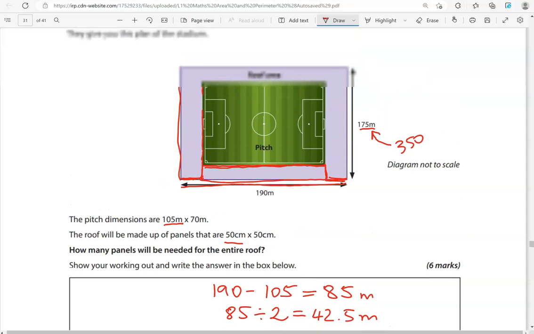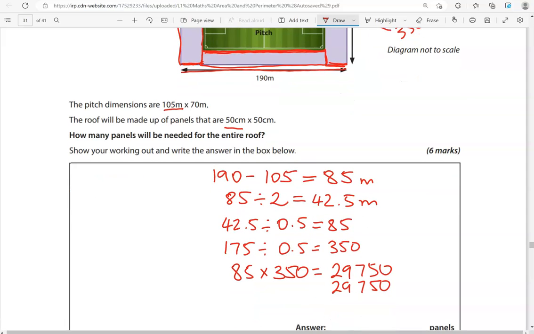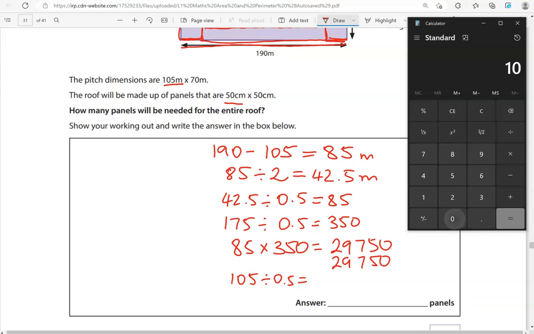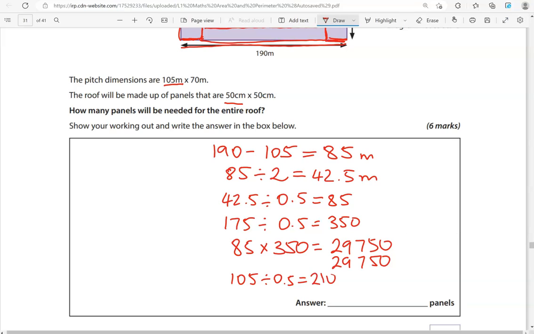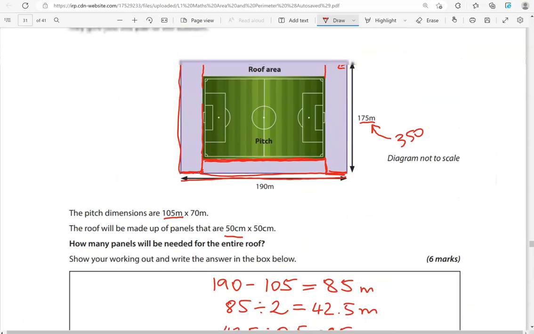And within this rectangle, let's work it out. So we've got the length being 105 meters, so 105 divided by 0.5, which is 210. So 210 panels can fit along the length. What about the width?